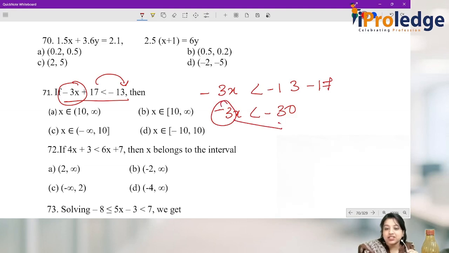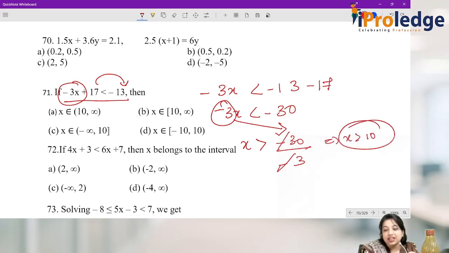When you bring minus 3 to the denominator, change the sign. When a negative comes to the denominator or numerator, you have to change the sign. So x is greater than minus 30 divided by minus 3, that implies x is greater than 10, and we have the values from 10 to infinity.